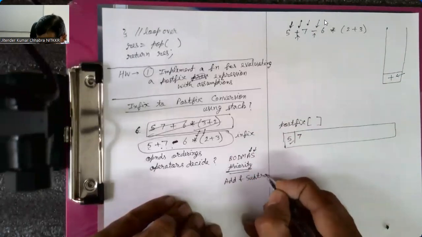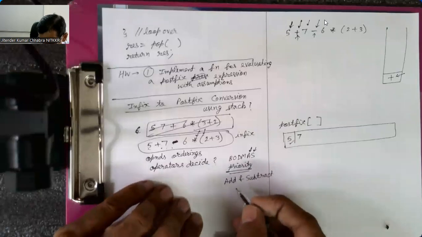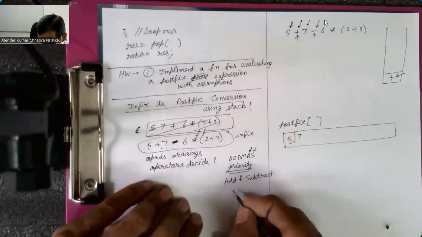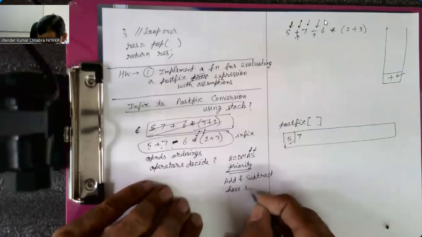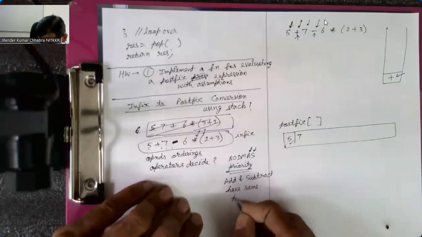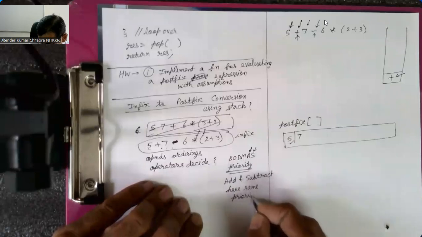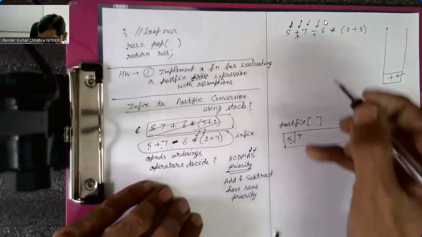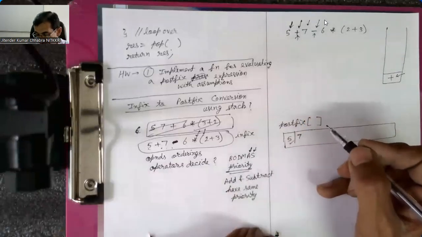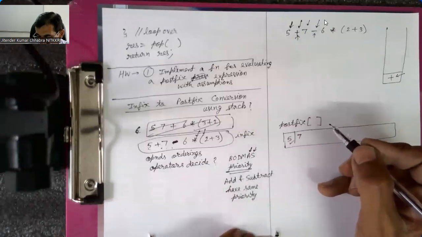Although A is written before S, it doesn't mean that add has more priority. Add and subtract have the same priority. Similarly, divide and multiply have the same priority. If they have the same priority, the one which came first gets processed.